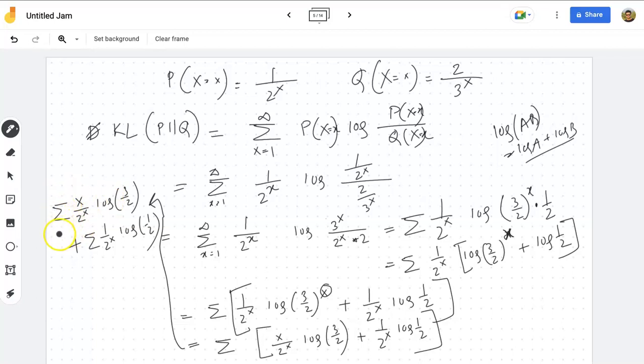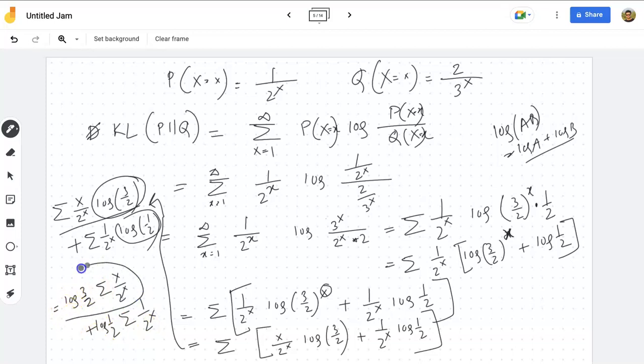Now in this summation this thing is constant, so we can take it outside. So it will be log of 3 by 2 summation x by 2 to the power x. Similarly for this one, this is constant, so we can take it outside. It will be log of 1 by 2 summation 1 by 2 to the power x. So now we have two terms. One is this term, another is this term. Now we just need to calculate the summation for this summation and this summation.